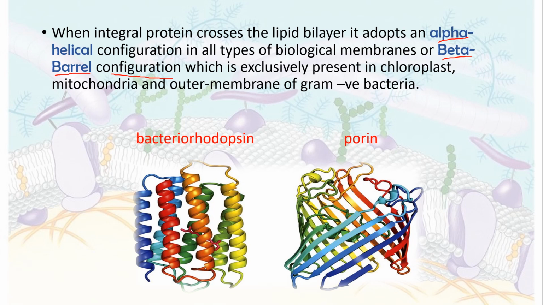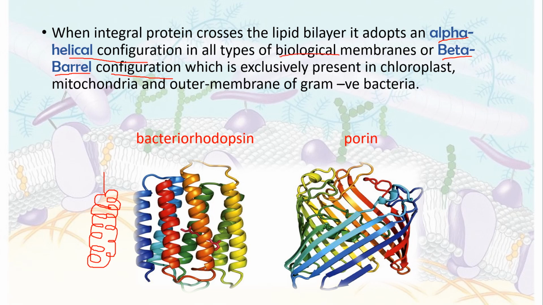The integral proteins that adopt an alpha helical configuration, this is in this form. If it occupies this alpha helical arrangement while spanning the lipid bilayer, then it is known as alpha helical configuration.